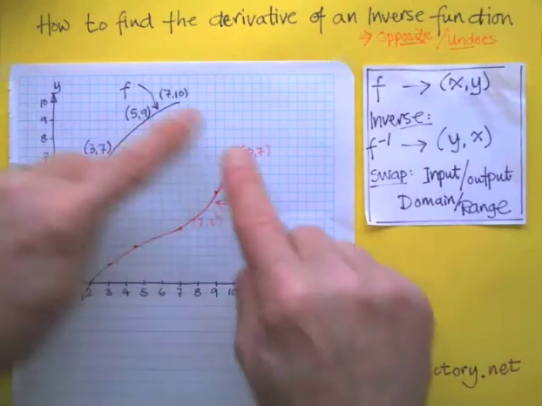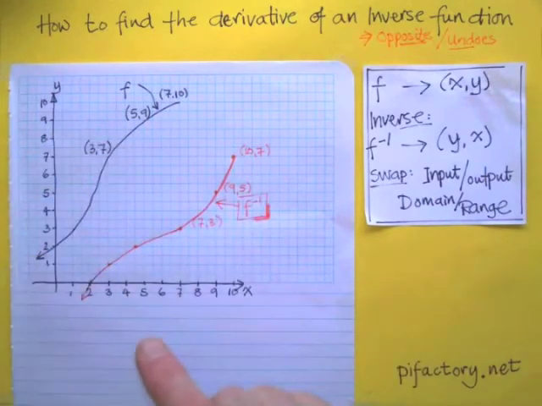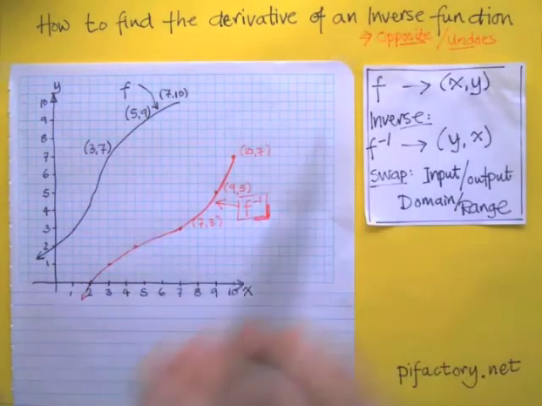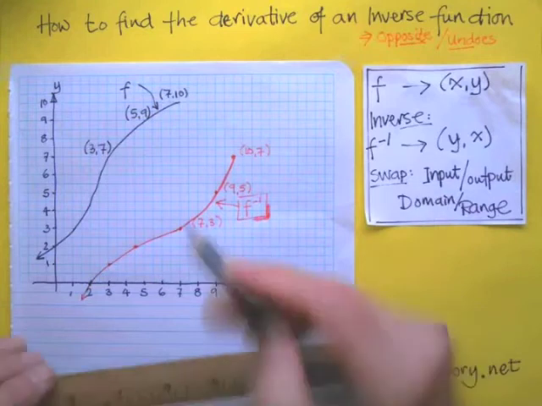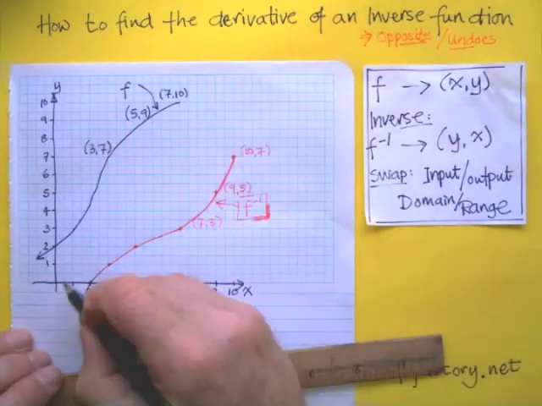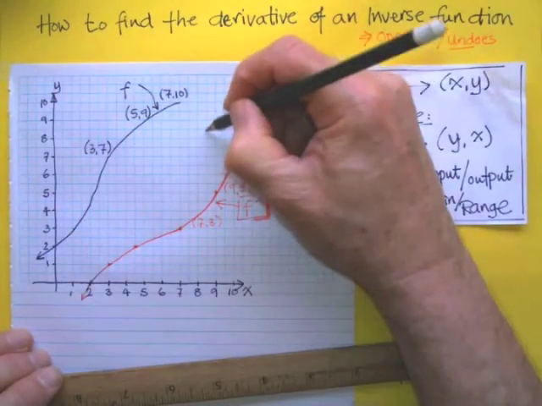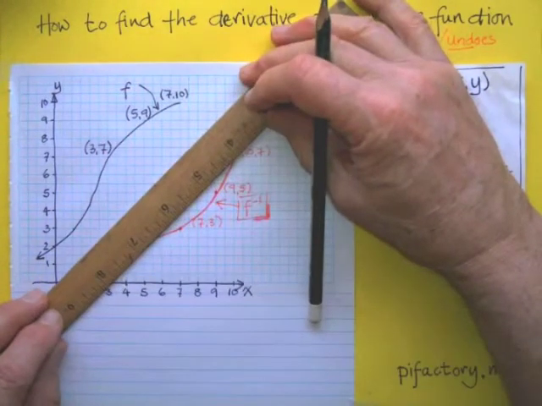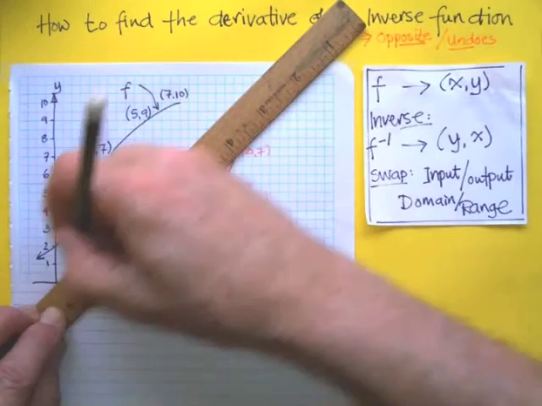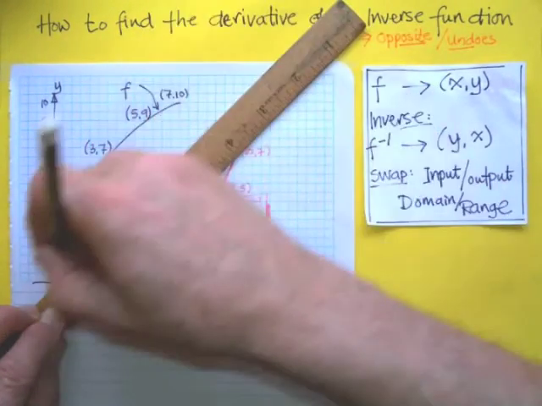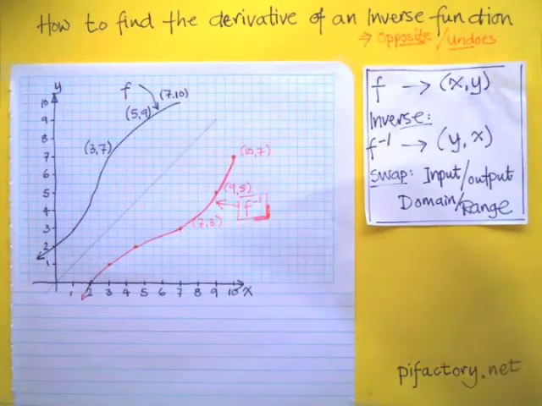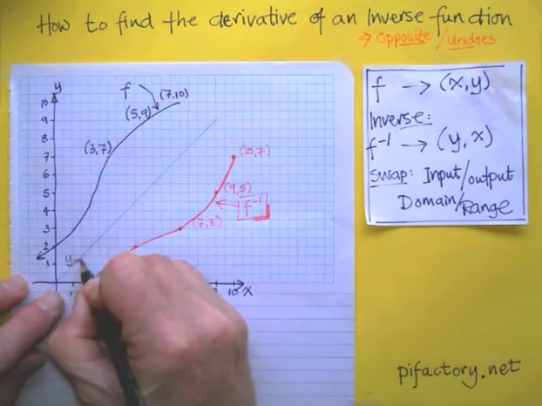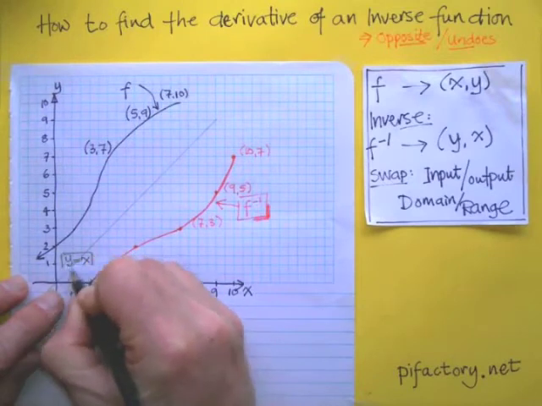Now we can also see that there is some symmetry here, and we may recall that if we draw a line through the middle here, line y equals x, let's just see where that's going to come. Y equals x, and just draw that line lightly through there. That's the line y equals x.